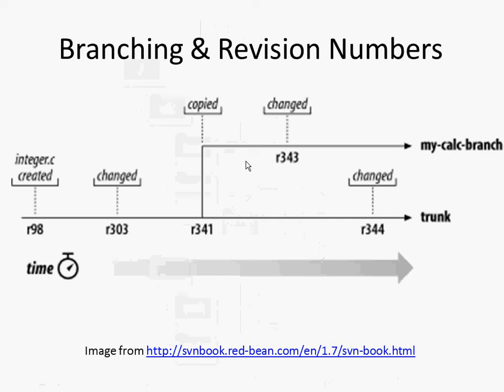Again, those are numbers for the state of the entire repository, not the state of one particular file, but it's integer.c as it existed in this snapshot and another snapshot, all the way up to this point. And at this point, we branched off. So it was copied, and this started evolving, and this started evolving.